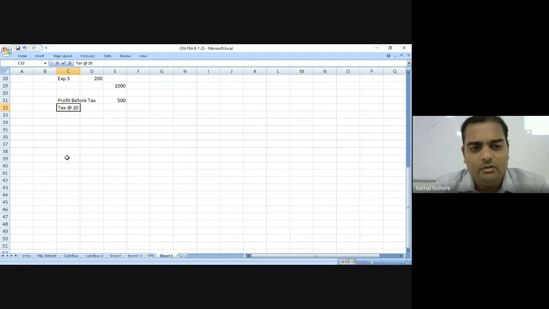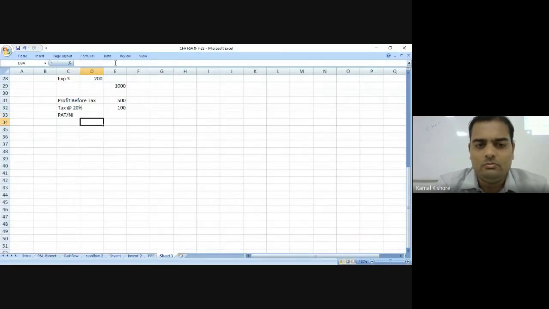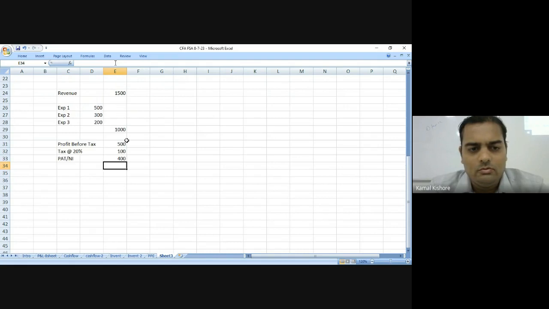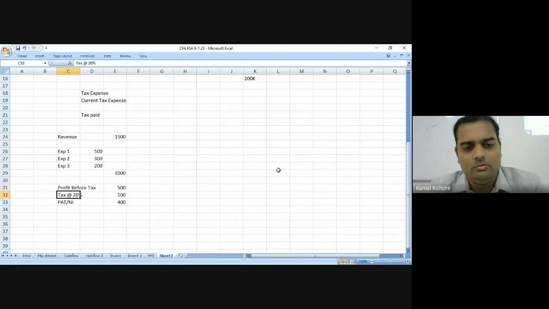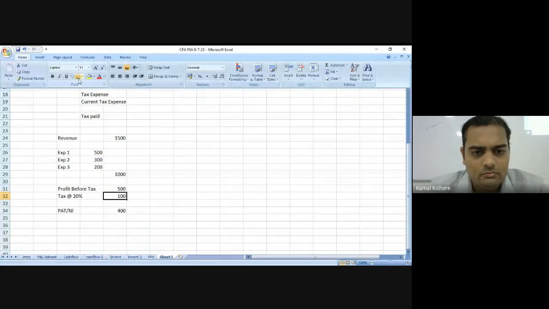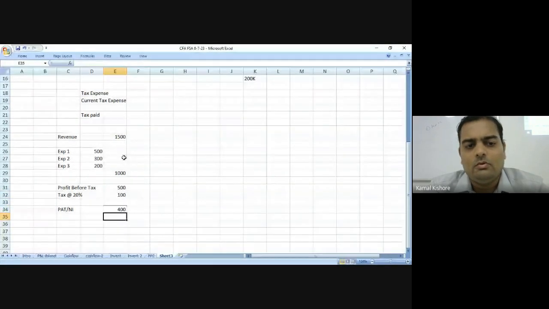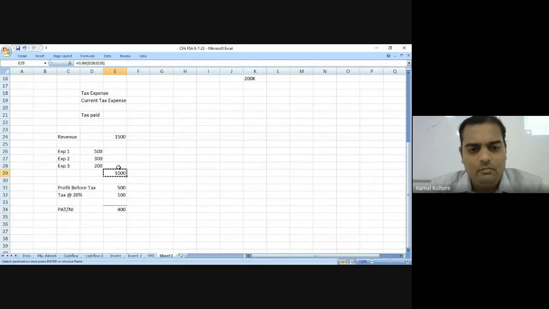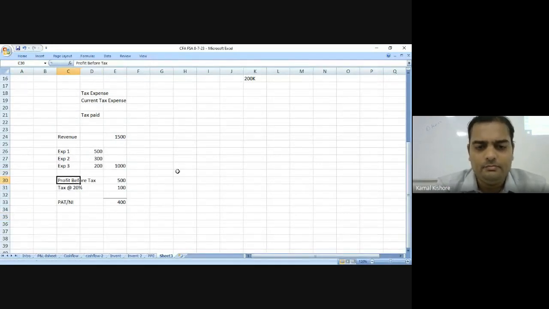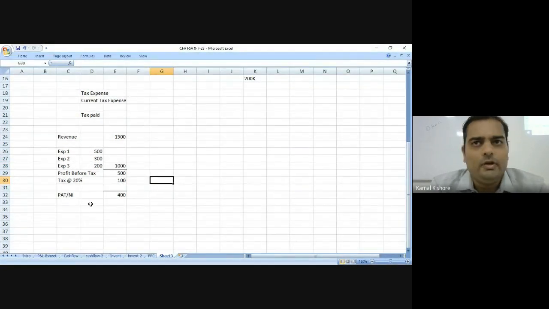Let's say tax at 20%. Okay, is this clear? Simple P&L statement.